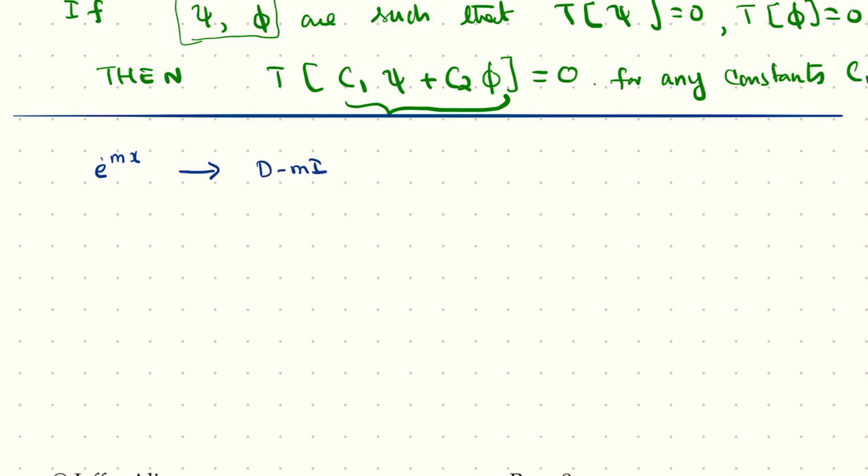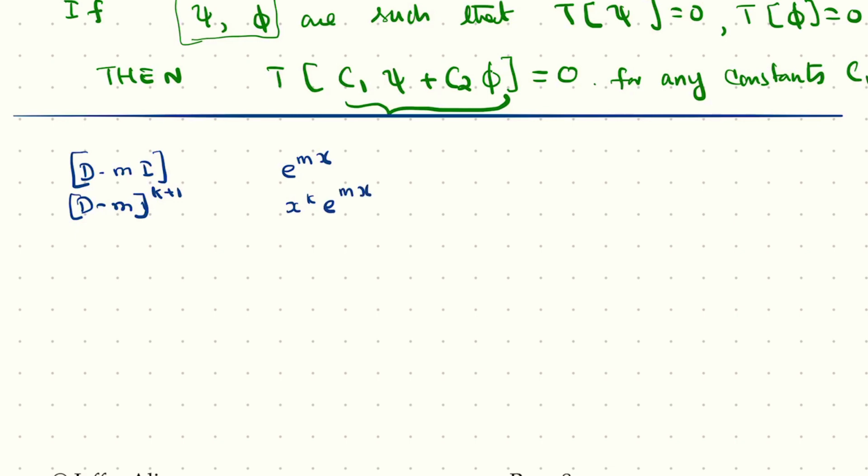In other words, let me rewrite it the opposite way: D minus m is an annihilator of e to the mx, and D minus m to the k, when I have a k, is going to be an annihilator of x to the k minus 1. Let me make it k plus 1: x to the k e to the mx.